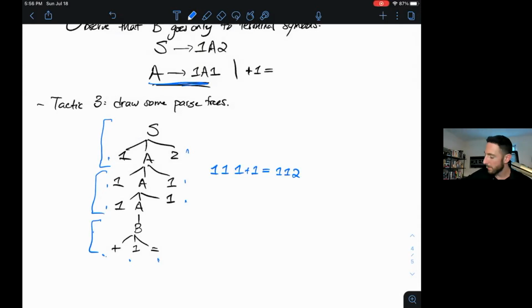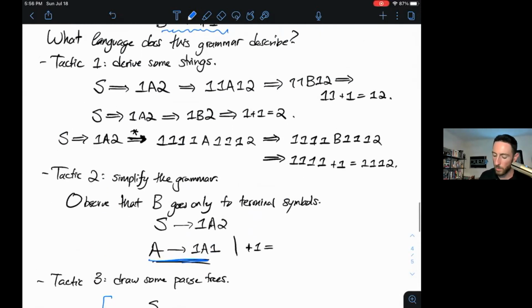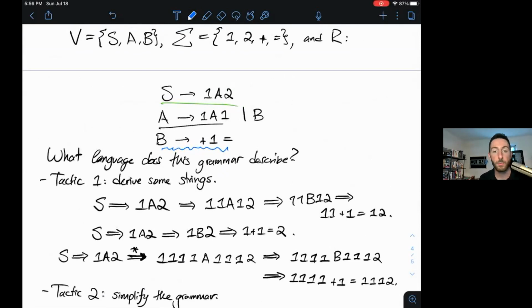So that is an example of what I might do if you threw a random grammar at me, like I might ask you to do on the homework, and asked, what language does this grammar describe? How I would start to get a handle on it, how I would think about it, and then how I would test my answer.